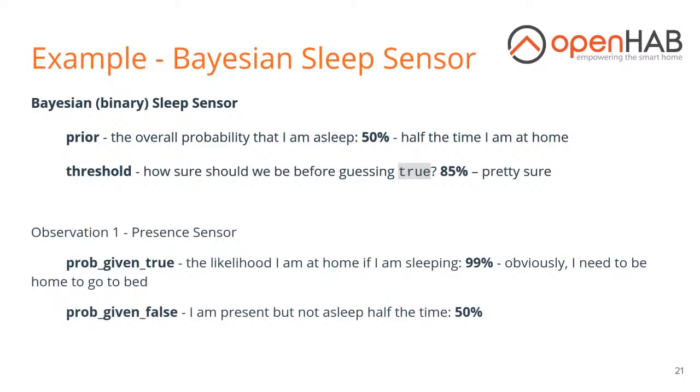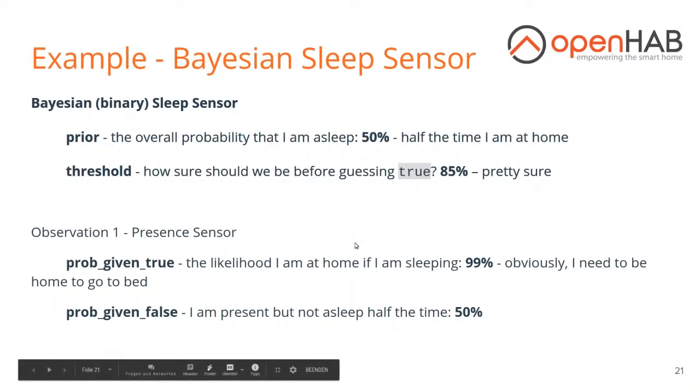The likelihood that I'm at home if I'm sleeping should be 99%. So obviously, I need to be at home to go to bed. But sometimes it's not the case. And half the time I'm at home, I'm not asleep. So we set it to 50%.